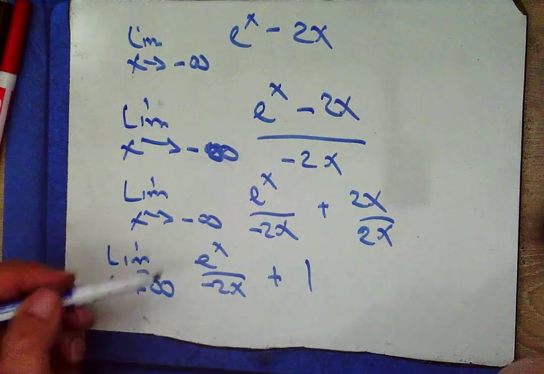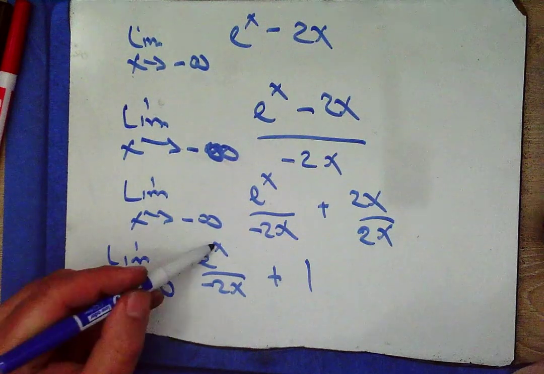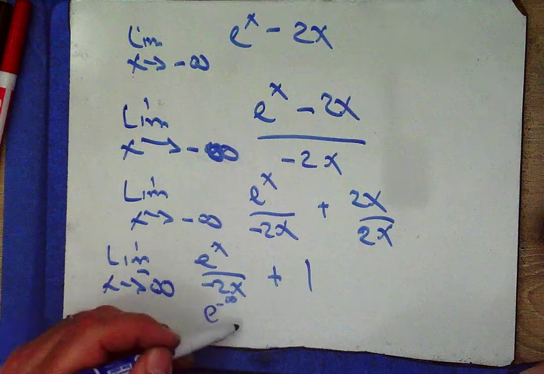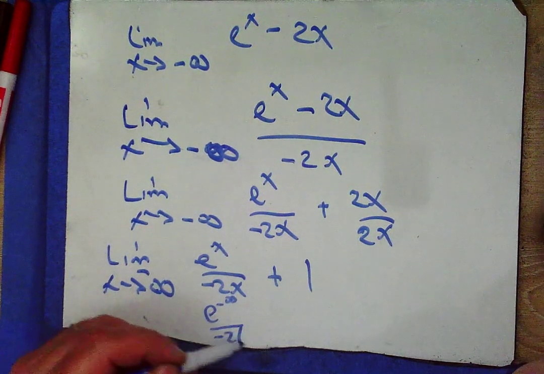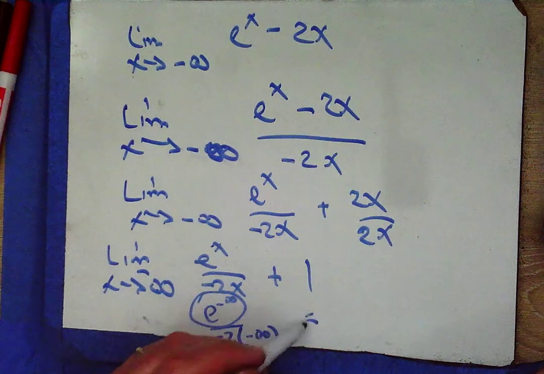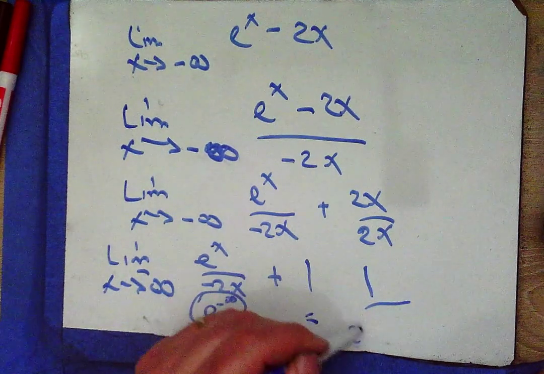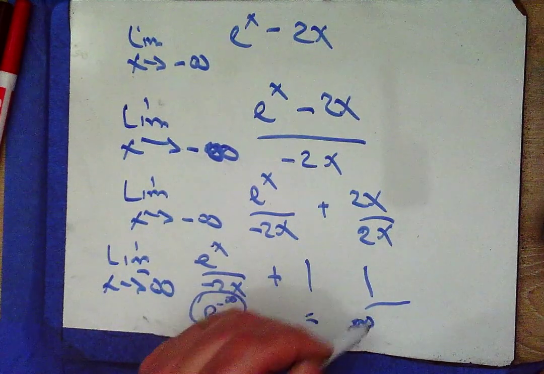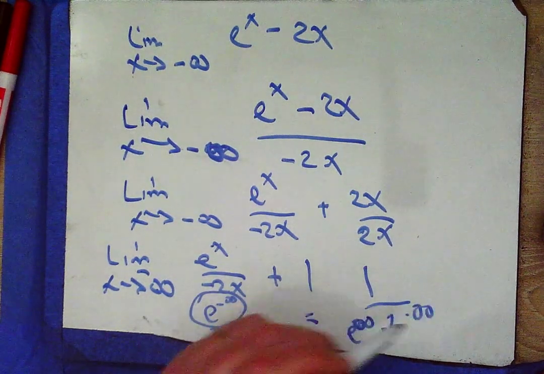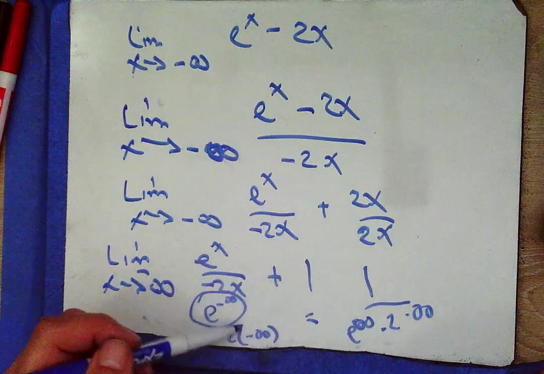All right, now, if I plug negative infinity in here, that's e to the negative infinity over negative 2 times negative infinity. What happens with this? Well, I can flip that down to make it 1 over e to the positive infinity times 2 times infinity. Well, look at that.